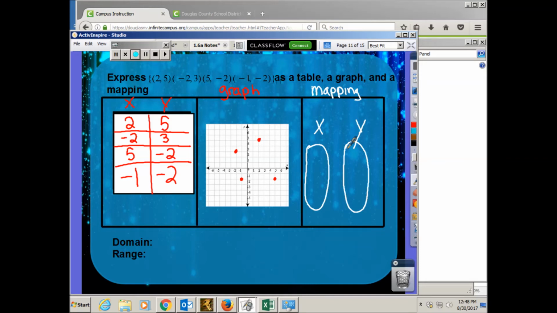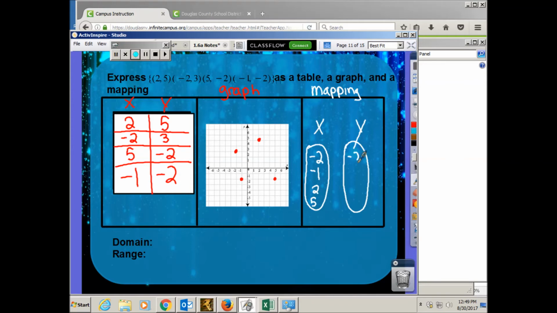Okay, least to greatest. That's okay. So of these x values, the lowest x value is actually -2. The next least is -1. Then 2, then 5.